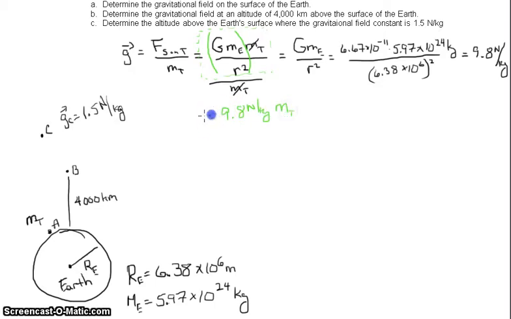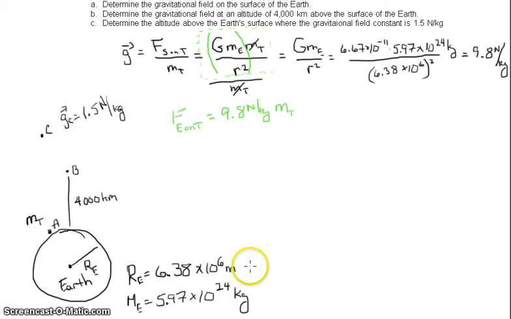Well, this is the force of the Earth, or the source, on our test mass if we were to calculate it here on Earth. I really want to make the point that we've been using this all along, and this is really where that little g comes from. I would first calculate it in the lab by measuring masses on spring scales, but this is where ultimately it's calculated from.